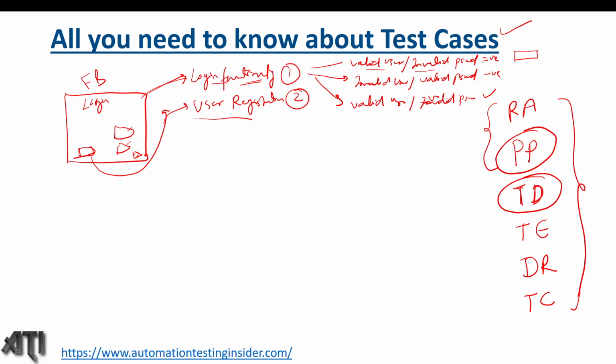Now let's talk about the relationship between test scenario and test cases. We have already spoken about requirement analysis, where the BA provides the business requirement document, software requirement specification, and functional requirement specification. These are the different requirement documents we have. So how to derive the test scenario? We should have some documents, or if you have application knowledge, then we can derive the test scenario.